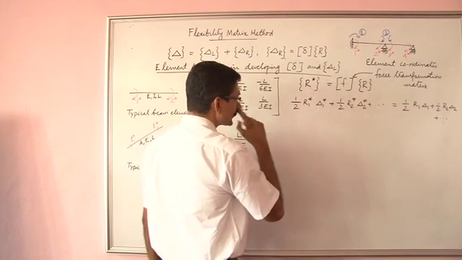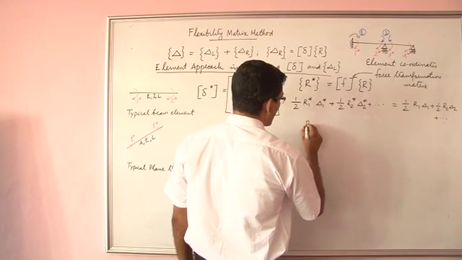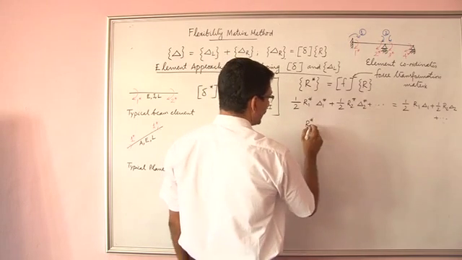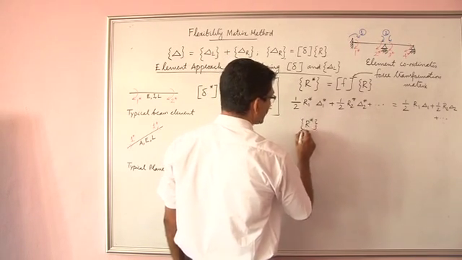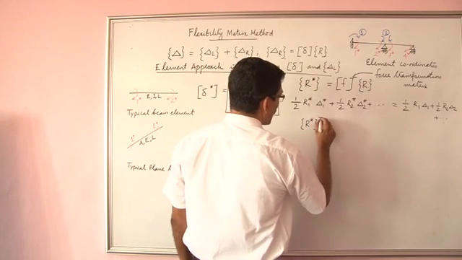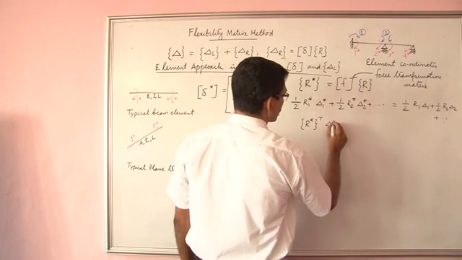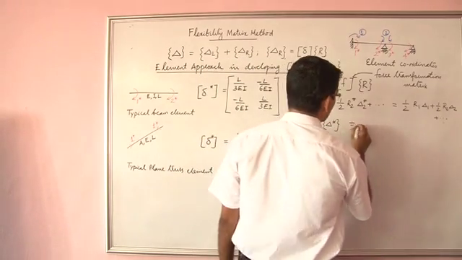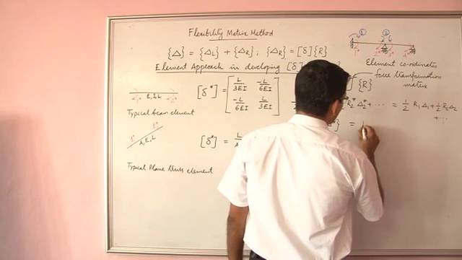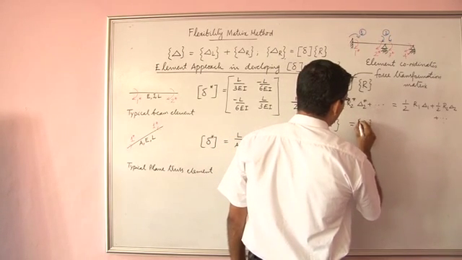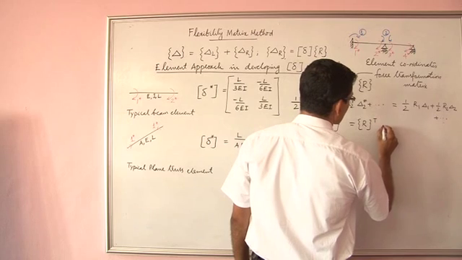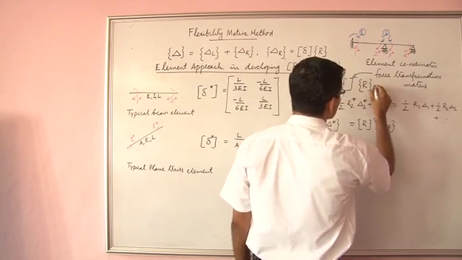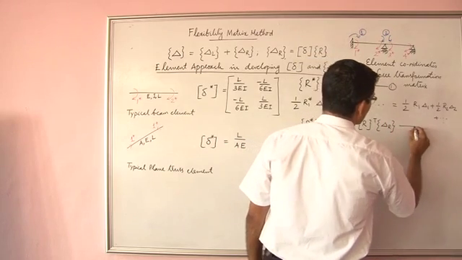So we can write this as, cutting off this half from all the terms, R star, which is a column vector, transpose delta star, is equal to capital R transpose delta R. Let this be equation number 1. Let this be equation number 2.